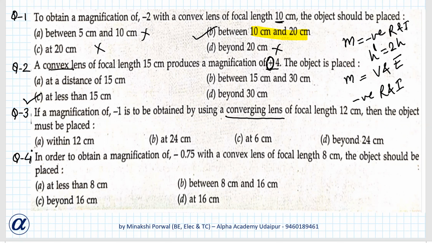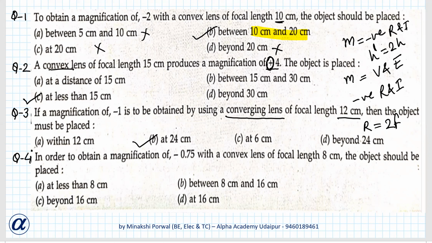When the size of image and object are equal, that means the object is placed at the center of curvature, and the focal length is 12 centimeter. So the radius of curvature will be 24 centimeter, because the radius of curvature is twice the focal length. So 24 centimeter will be the correct answer.